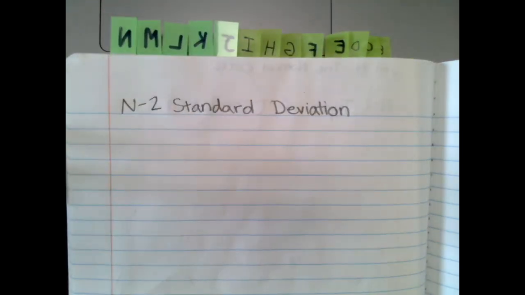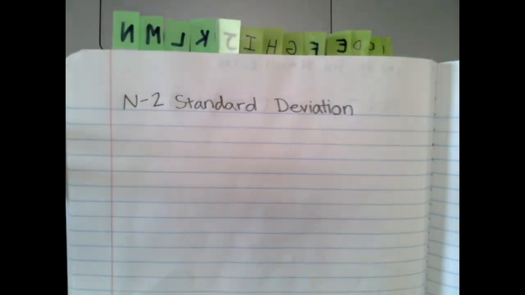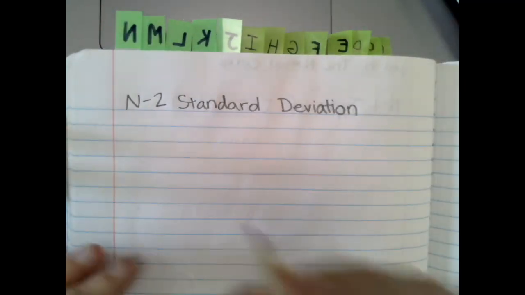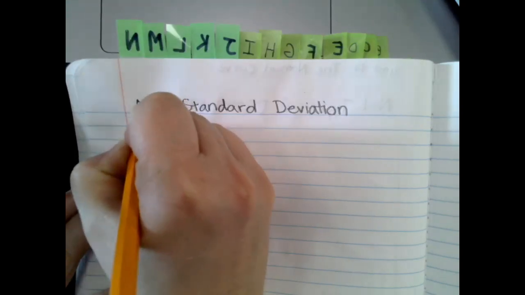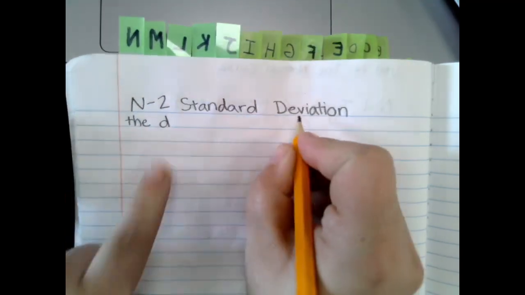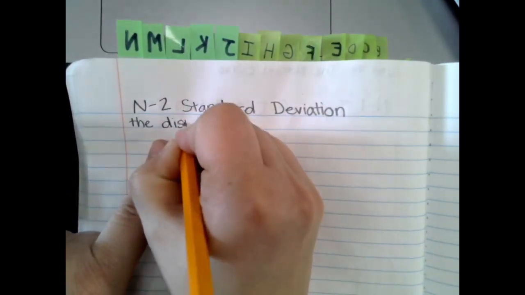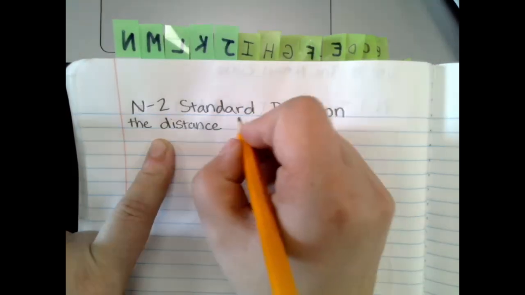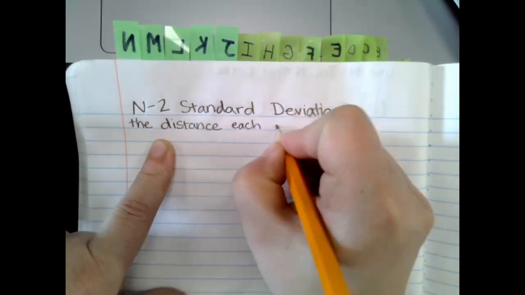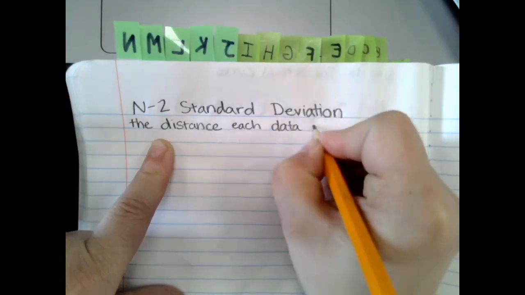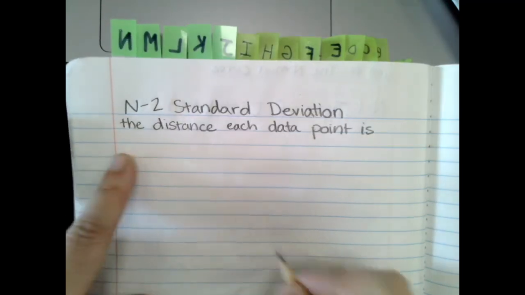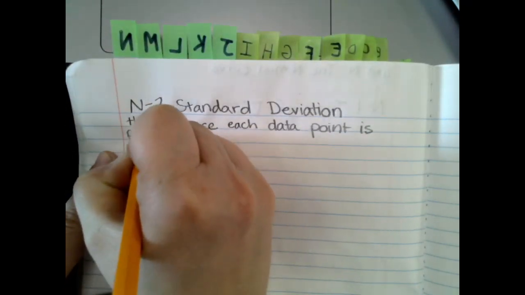Okay? So, as we write this definition, I'm going to make sure I have my definition correct. Sorry, I didn't have it open. Okay, it's the distance. And that distance is the deviation part. Deviation, distance. Each data point is from the mean on average.